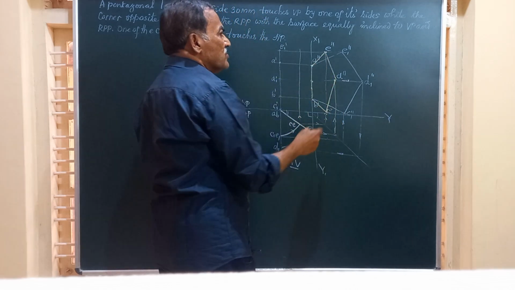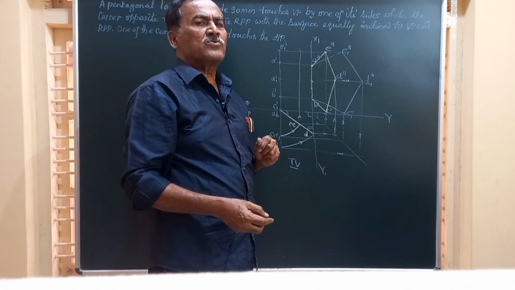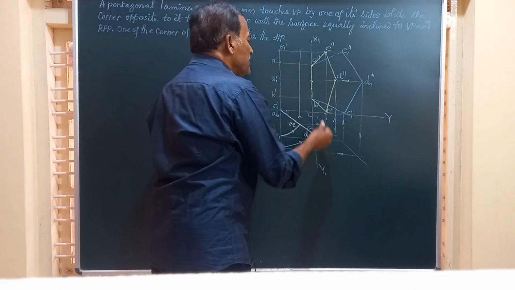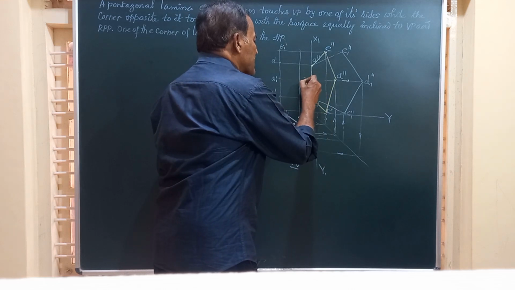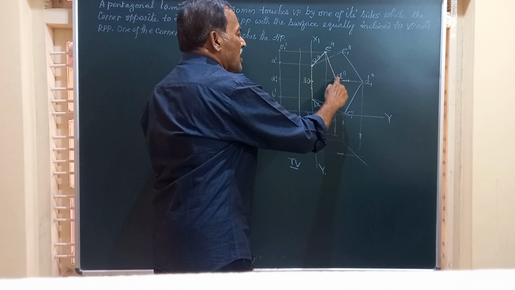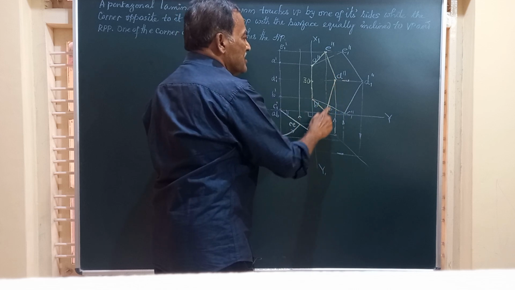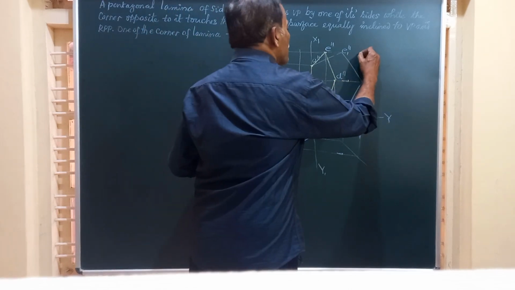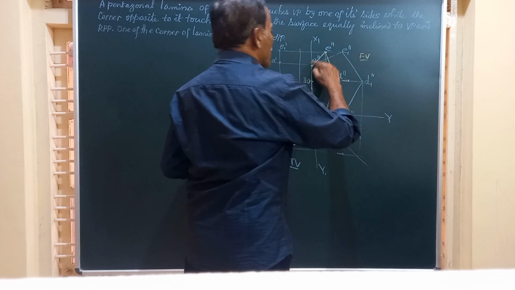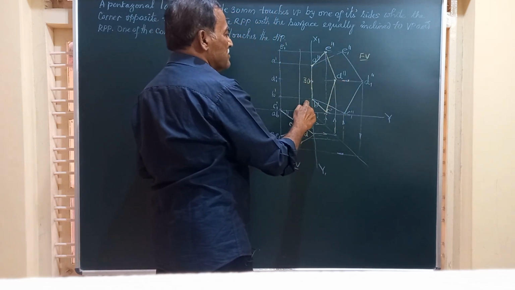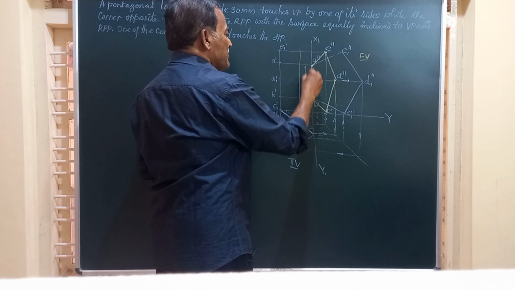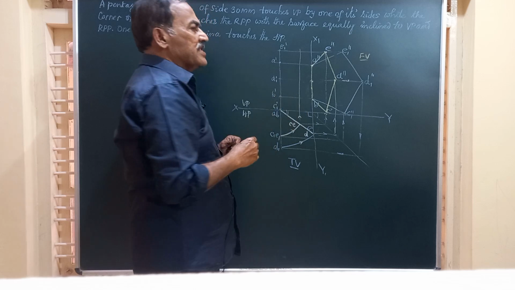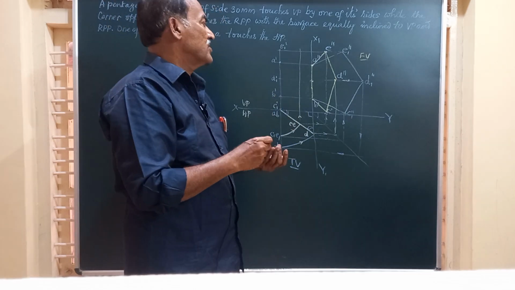So this will give you the final end view of the lamina, which is going to have the side AB equal to 30 millimeter, whereas the dimensions of all other edges, namely BC, CD, DE, get changed. So we have got the final end view shown by a distorted pentagon with side A double dash, B double dash measuring 30 millimeter.